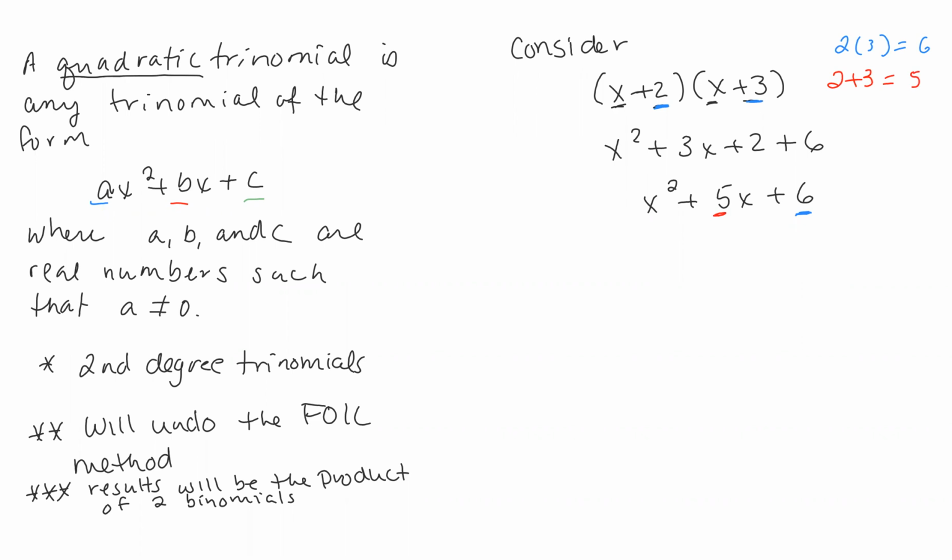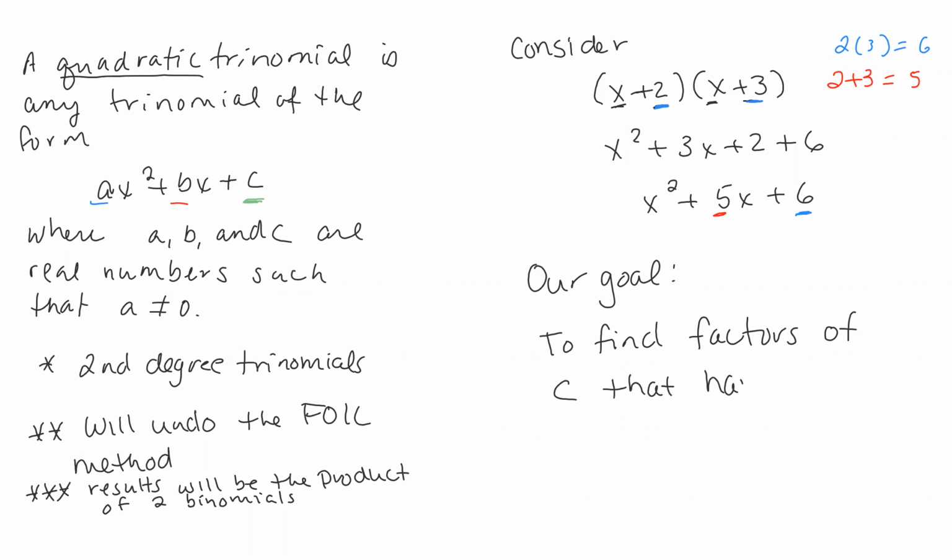So basically, our goal in factoring here is to find factors of C, remember, C from over here. So factors of C, that just means the constant in your quadratic trinomial. We're going to find factors of C that have a sum, meaning add, of B. And remember, B is the coefficient of the linear term.